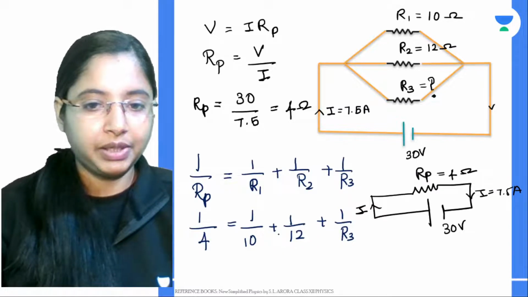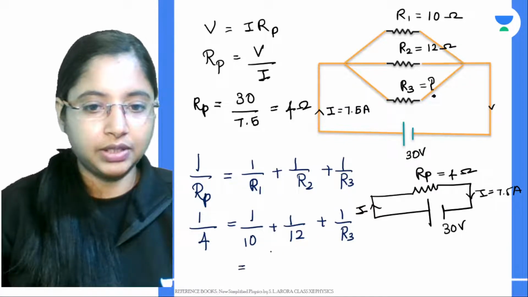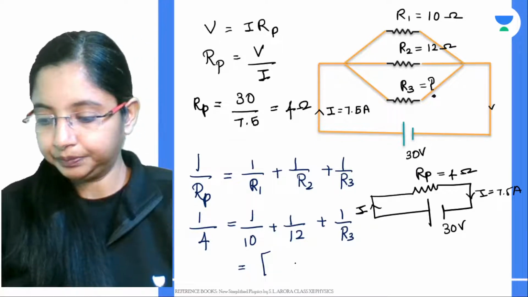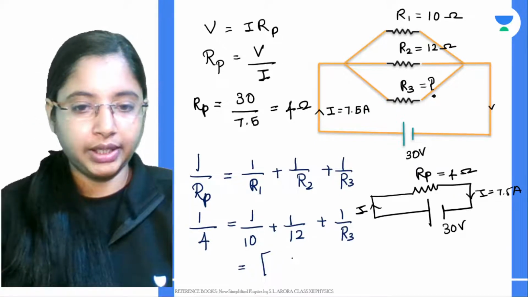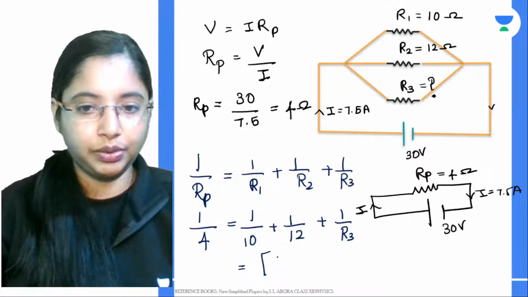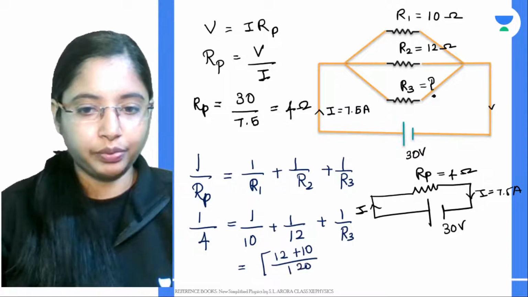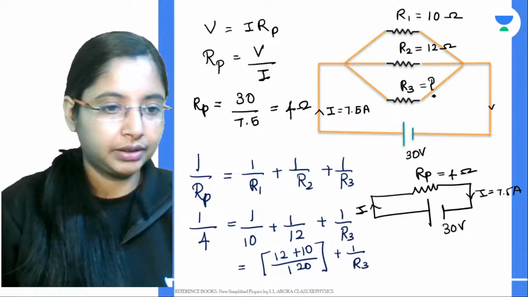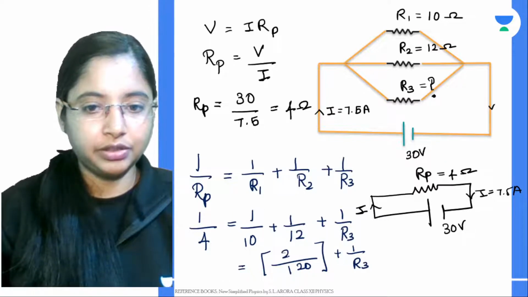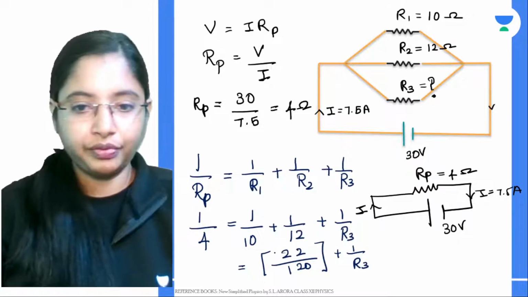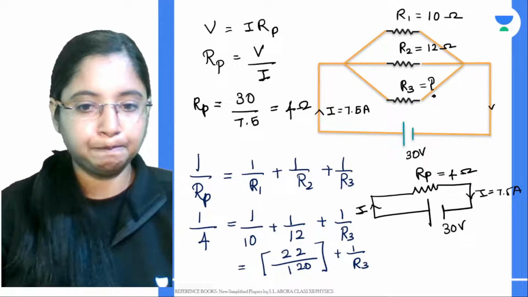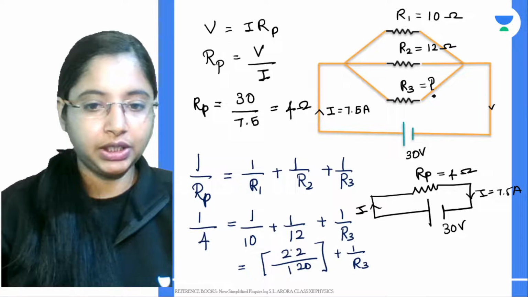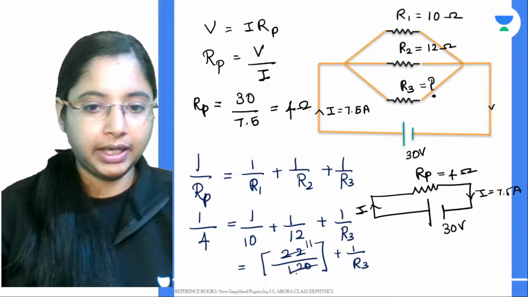Here we can just cross multiply. If you cross multiply the first two, you will get 12 plus 10 divided by 120, plus 1 by R3. 12 plus 10 is 22. Taking the 2 times table, we get 11 and 60.